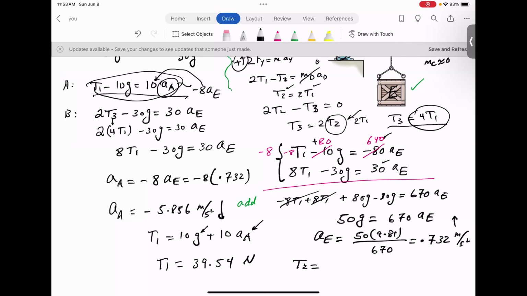So twice 39.54 becomes 79.08. And then remember, T3 was twice T2, right? So twice 79 is about 158, almost 160.16 newtons.